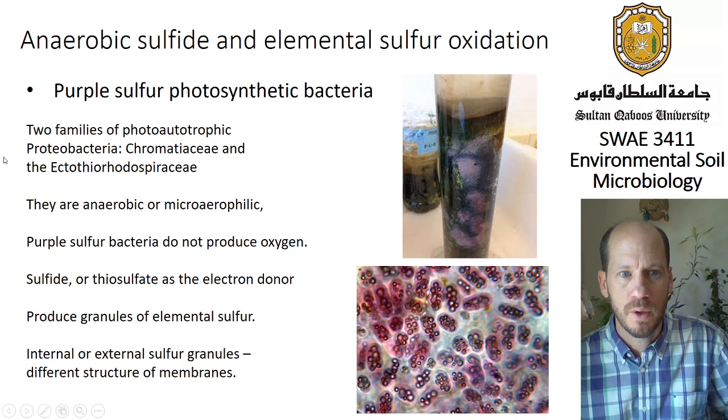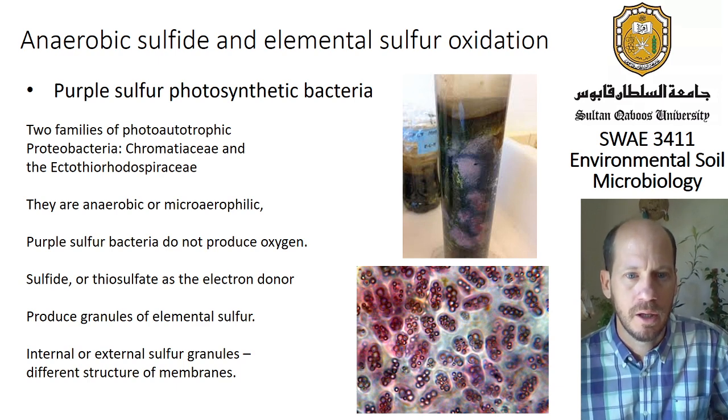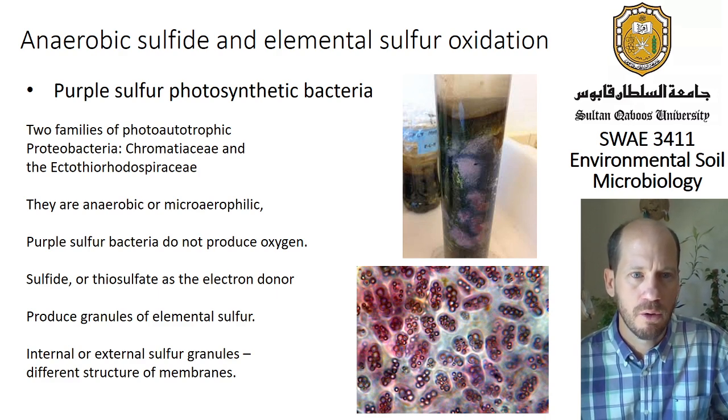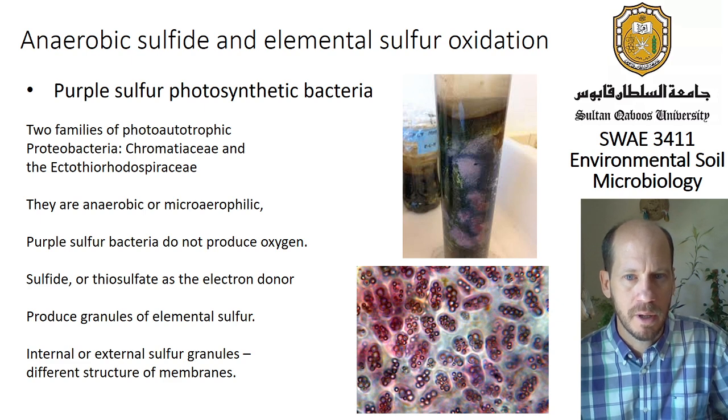The pathways and mechanisms of this photosynthesis are diverse. There are different forms of membrane structures performing this photosynthesis, and this is grossly classified by the color of the microbes, which were first described because of this purplish color that you can see here in the photographs.